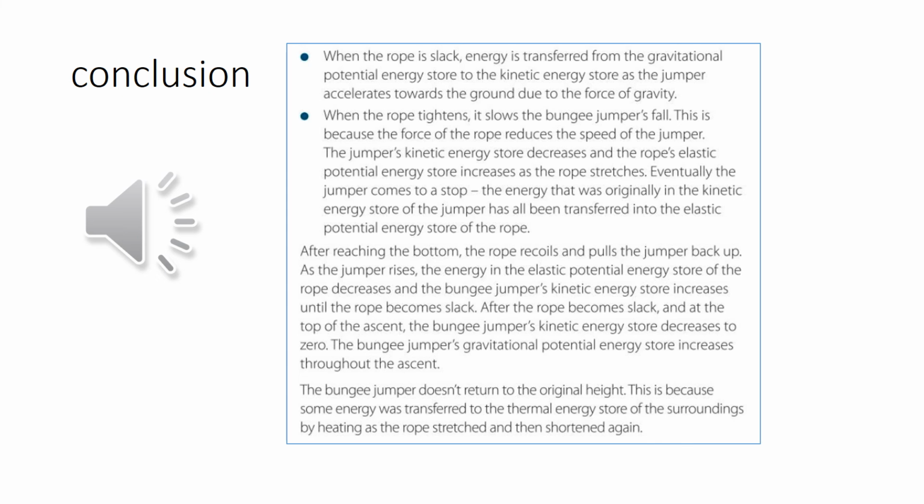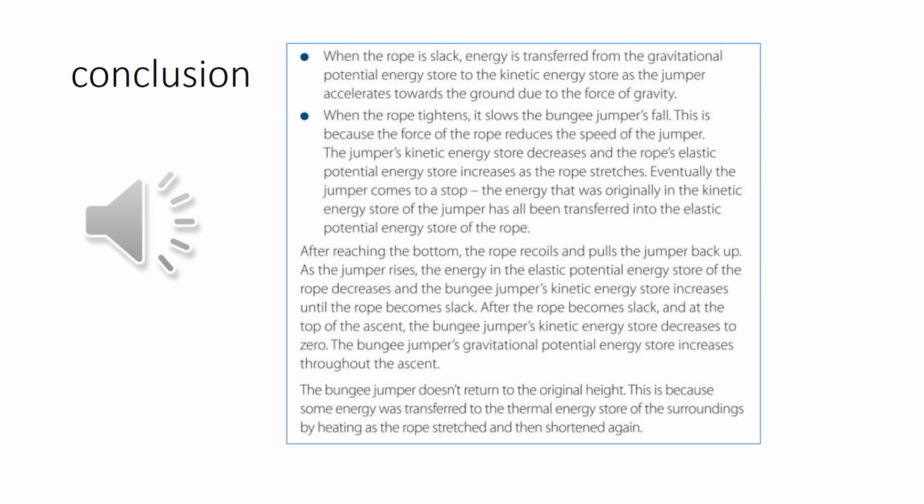Eventually, the jumper will come to a stop at the bottom, and the kinetic energy will be transferred completely into elastic energy. When it reaches the bottom, obviously the person or the weight is going to bounce back up again, and that elastic energy is going to return to kinetic energy, which obviously returns to gravitational potential energy as the bungee jumper goes back up into the air.